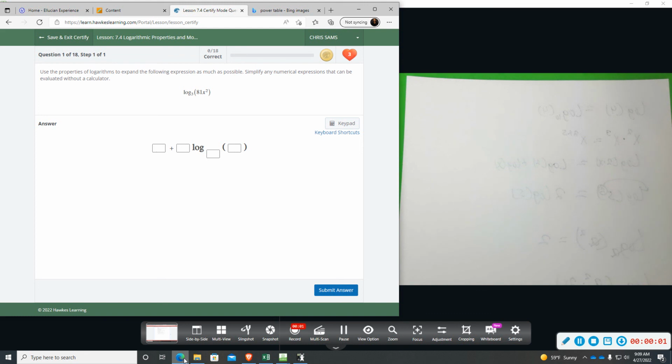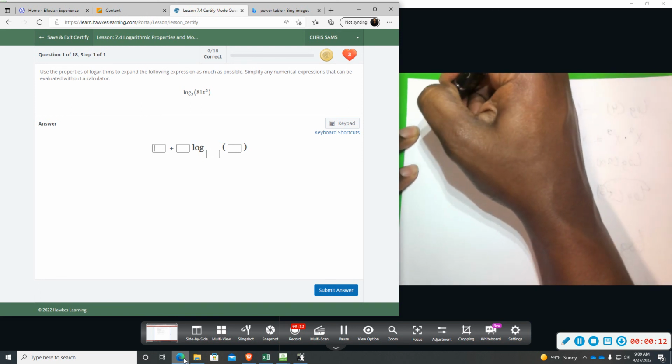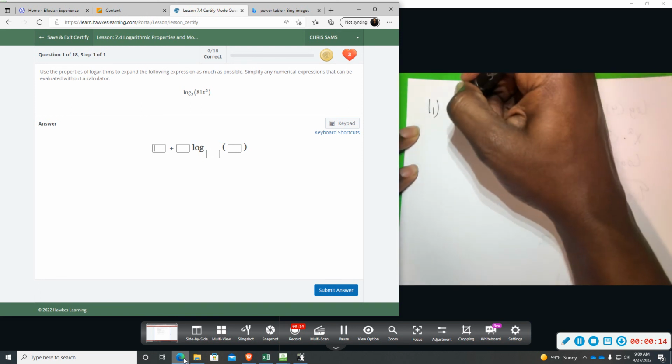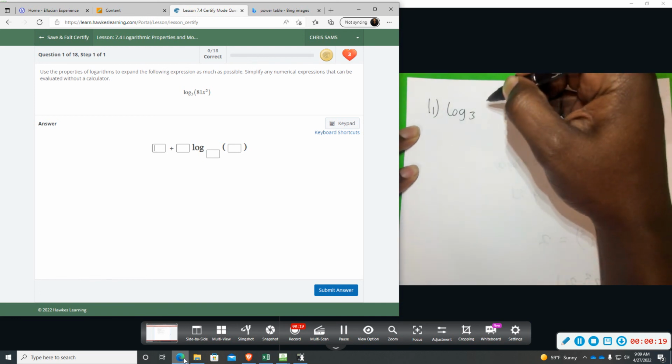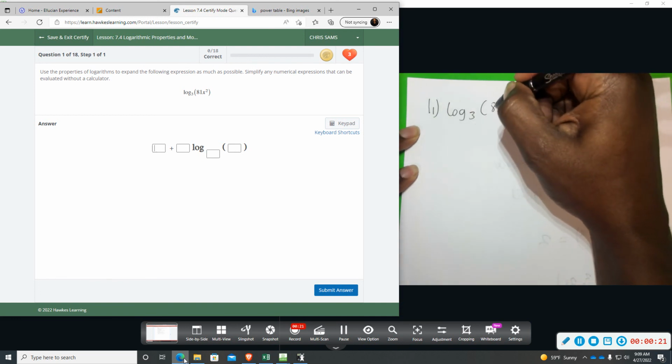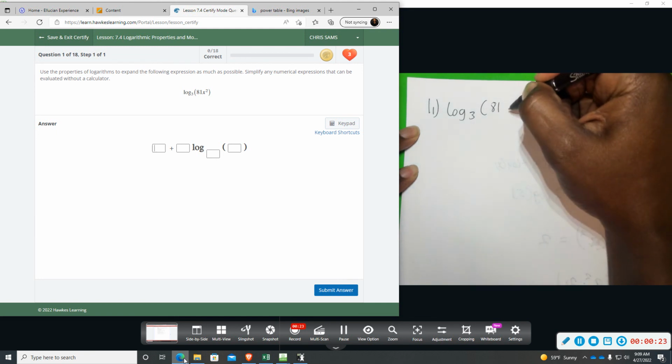All right, number one, we're going to use the properties of logs to evaluate and simplify this problem as much as possible without a calculator. So we are given log base 3 of 81 times x squared. So it's 81x squared.